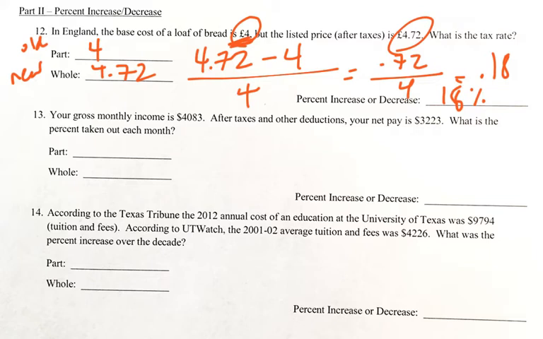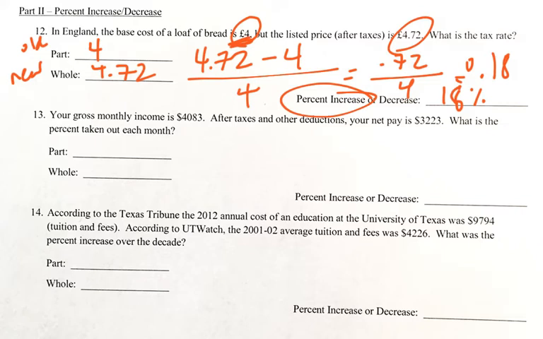So now we're going the opposite and going from a decimal to a percentage. When we go from a decimal to a percent, instead of dividing by 100, we do the opposite, which is multiplying by 100. This is a percent increase because the amount with tax is greater than the original amount pre-tax.